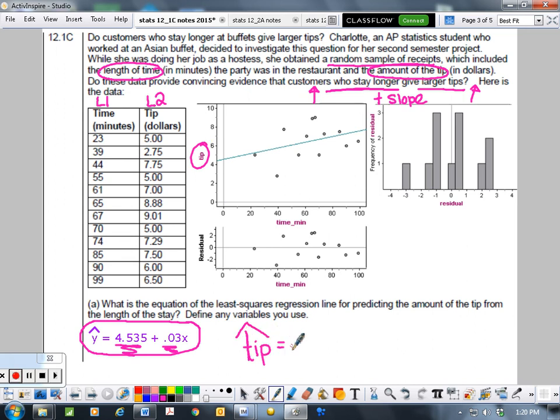So we can predict our tip value by 4.535 plus 0.03 times our x value, which is the time at the restaurant. And so there is our equation.